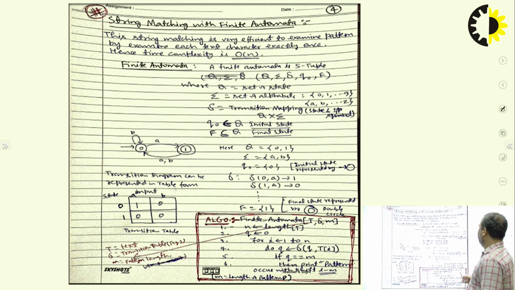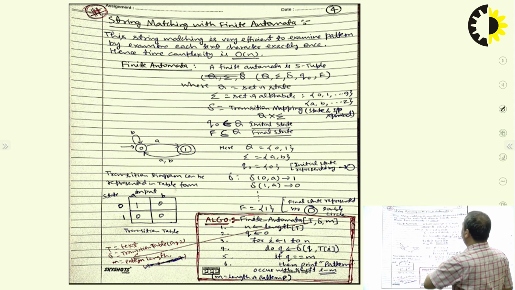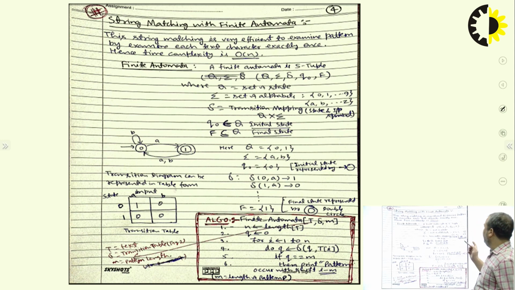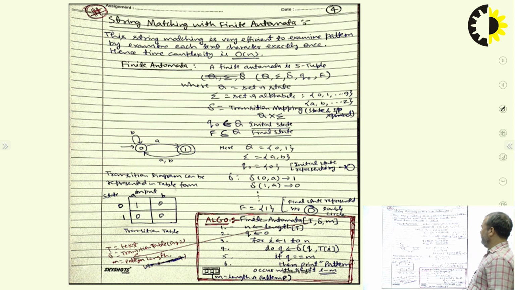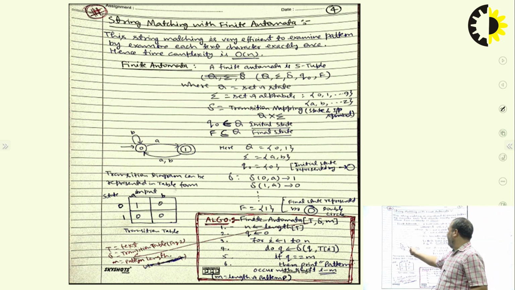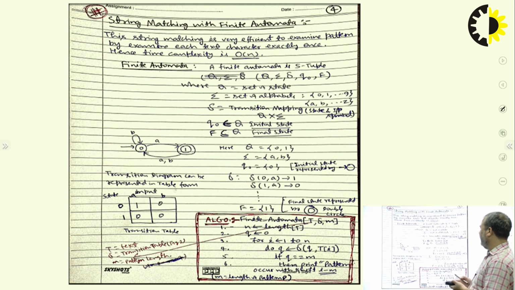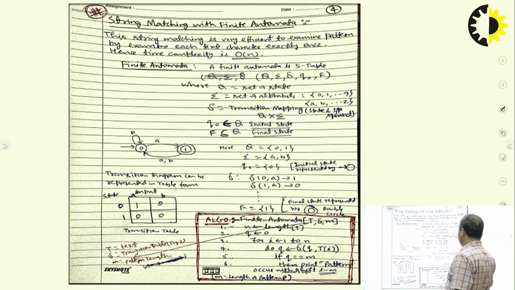For example, here we have 2 states, 0 and 1, where 1 is the final state, and the set of input symbols is A and B. So how can we make the transition diagram, the transition mapping? For example, in the given diagram, delta of 0 comma A means what?